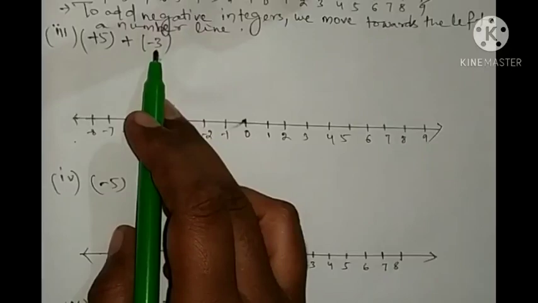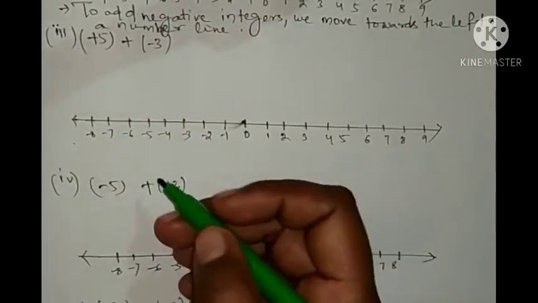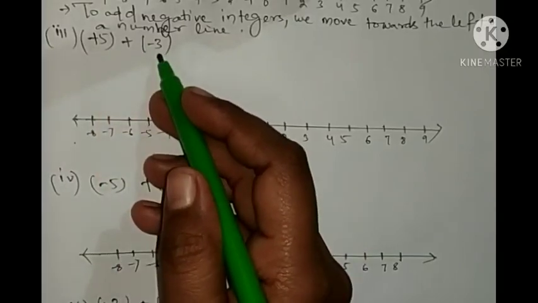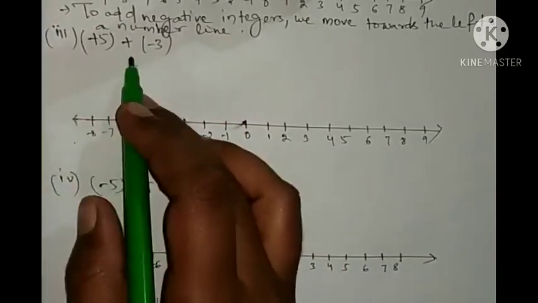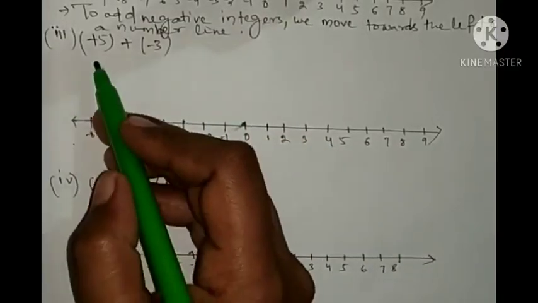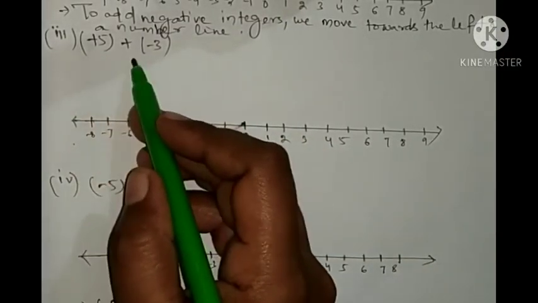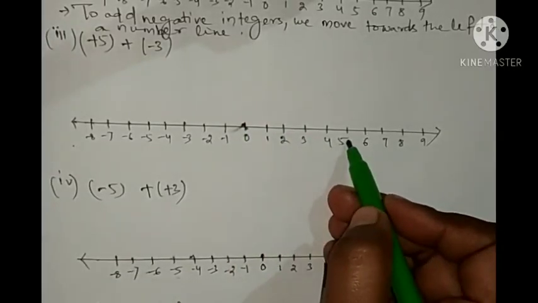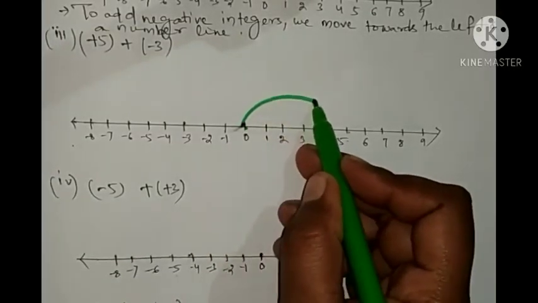Next we will see plus 5 minus 3. Here we have to add a positive integer and a negative integer. First we treat what is given, plus 5. From 0, plus 5 is on the right side, so go from 0 to here.